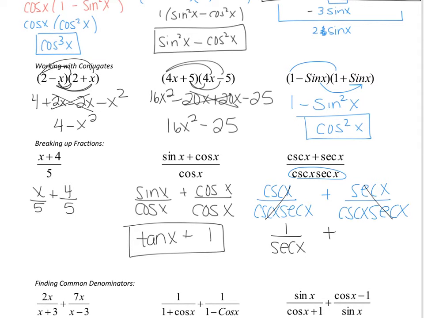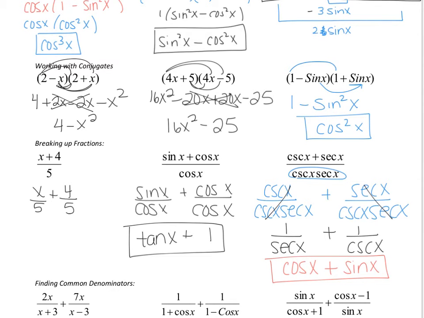These cancel, and I'm left with 1 over cosecant x. Now, 1 over secant is actually the same thing as saying cosine, and 1 over cosecant is the same thing as saying sine. These are the reciprocal identities, so cosine plus sine is the answer. Now, don't let this confuse you because they're not squared, so this does not equal 1.